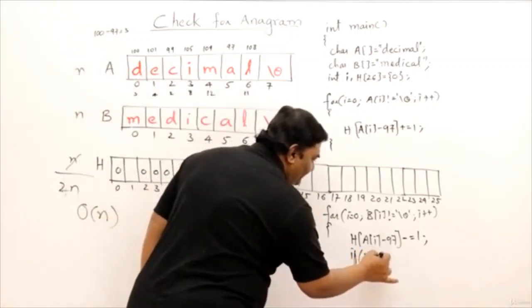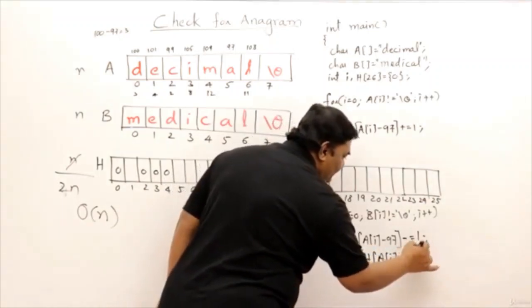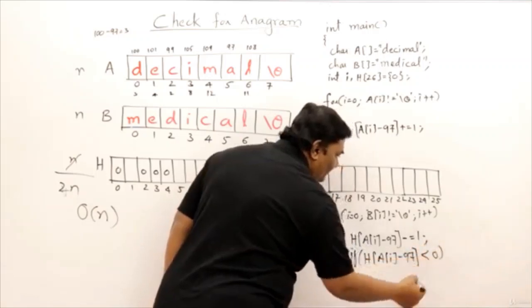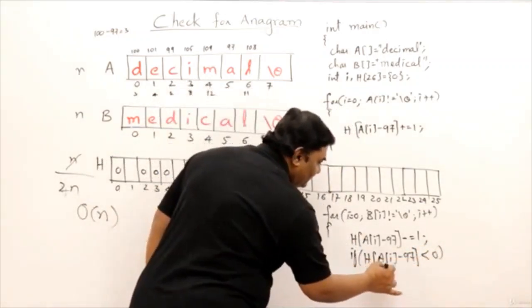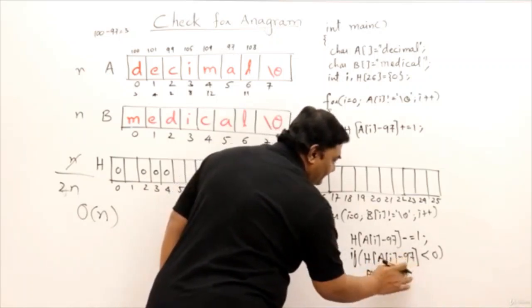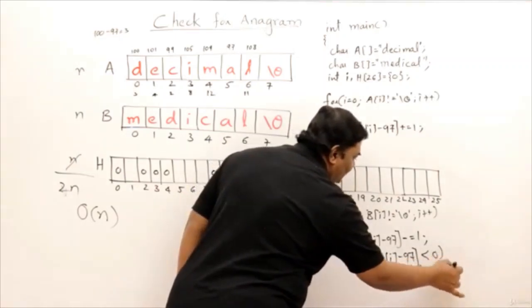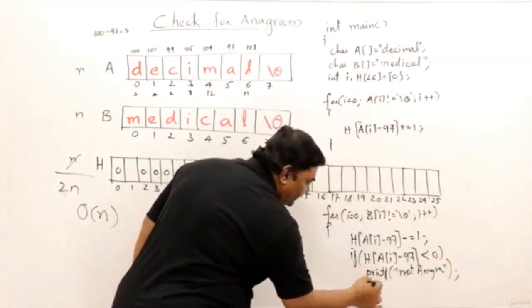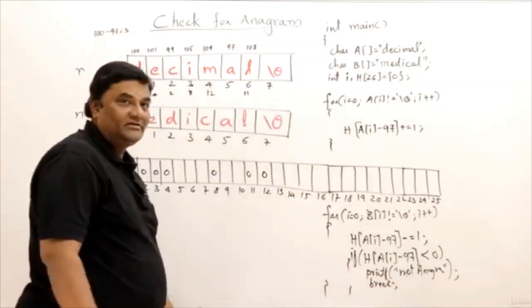If h of B of i minus 97 is less than 0, just print not anagram. All right. Then also break, come out of this loop.